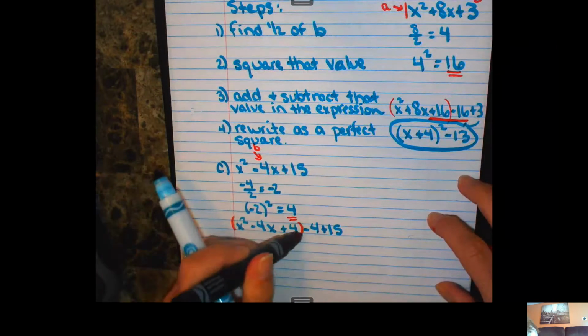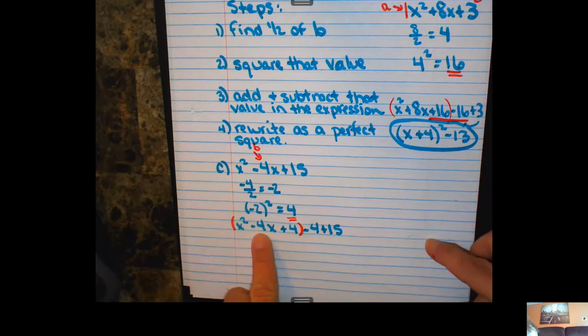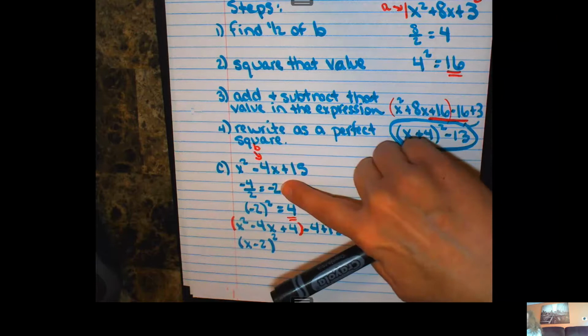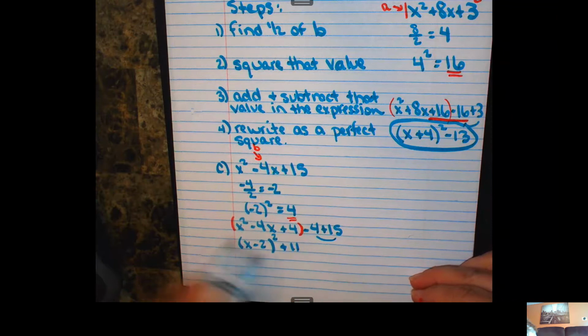So this right in the front is going to become a perfect square. So remember, we take half of this middle number. So I'm going to bring down my x and square. Half of negative 4 is negative 2. So I have x minus 2 inside. Notice it's the original number. Then I'm going to combine these two terms. Negative 4 plus 15 is positive 11.